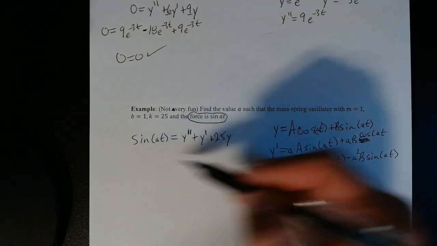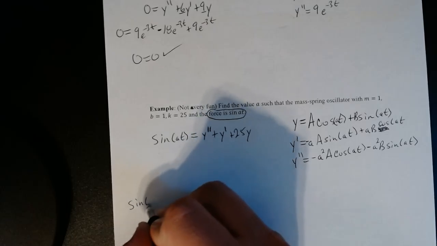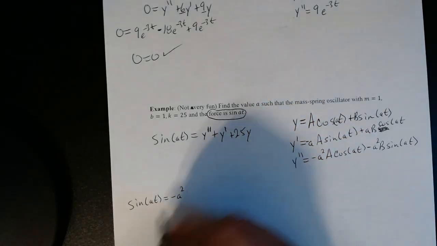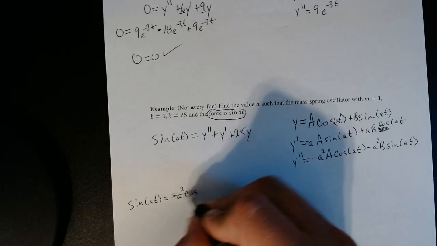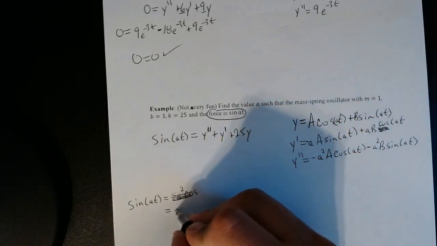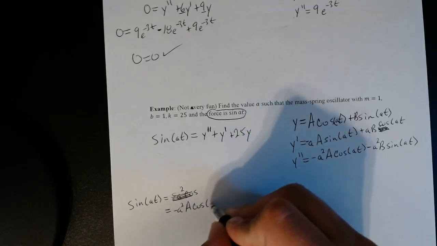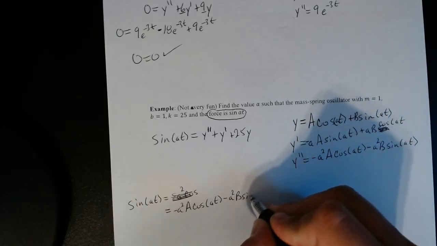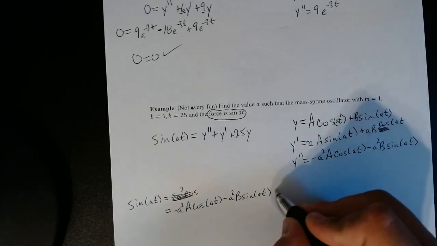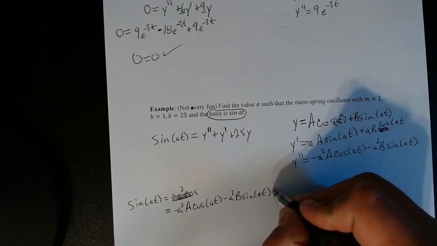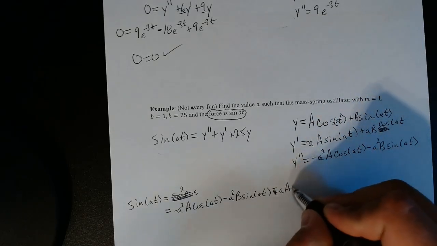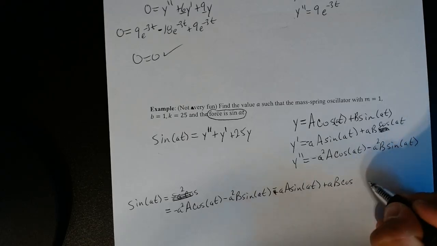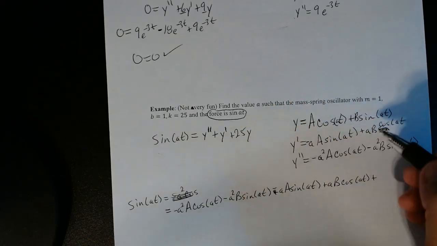So plugging all of these things into here, so it's y double prime, plus all of this. Finally, plus 25 times that.